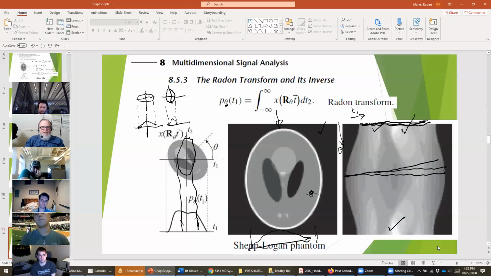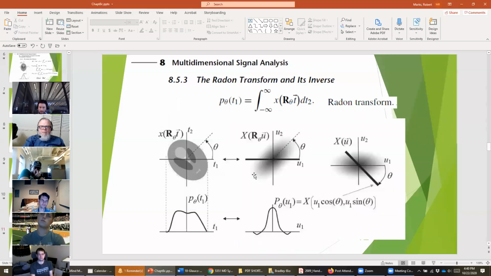If we did this for theta equal to 0 to 1,000,000 degrees, we would just get this thing replicated a lot. But within a single 360-degree rotation of projections, this is what we get. And even within the 360 degrees, we see that there's a redundancy at 180 degrees. Is that good?